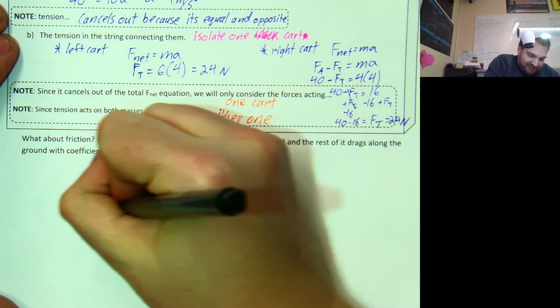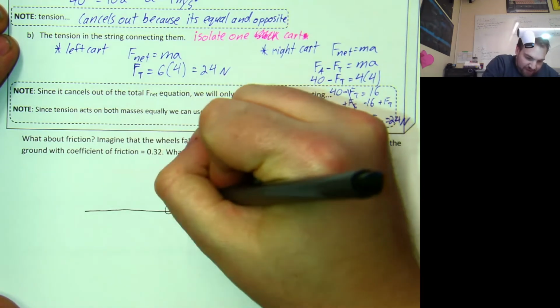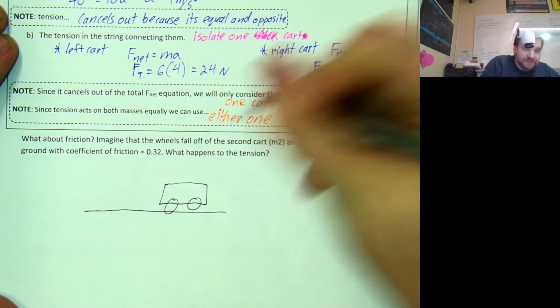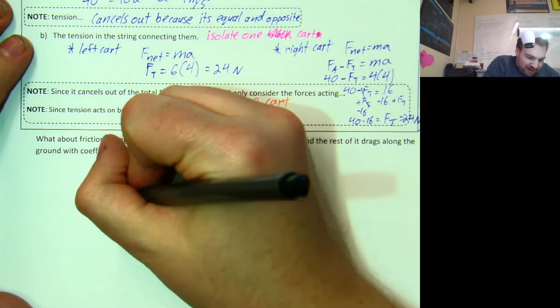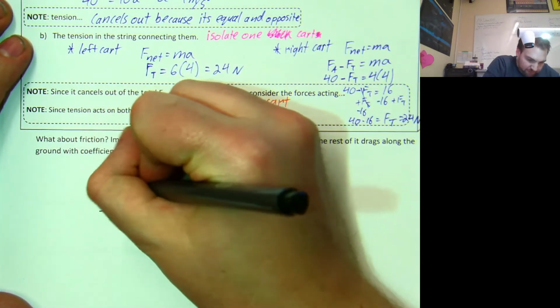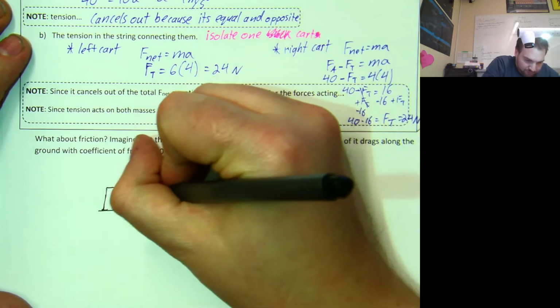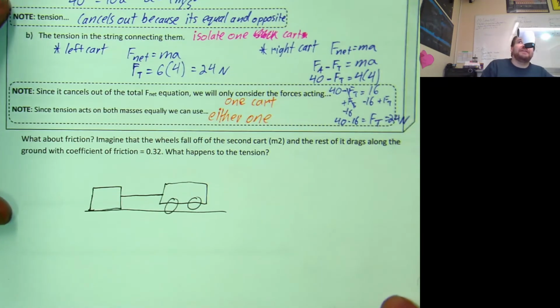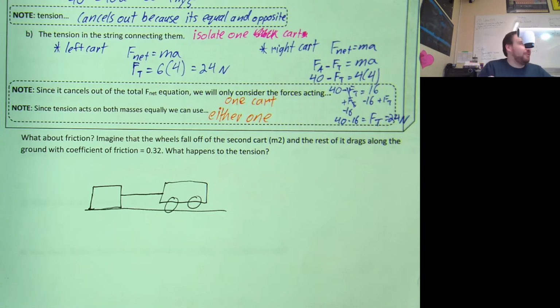Now, the situation has slightly changed. I still have cart number 1 on wheels. But now I have cart number 2. The wheels have fallen off, literally. And this guy's sitting on the ground. So now all of a sudden, what is really important to include on these free body diagrams?